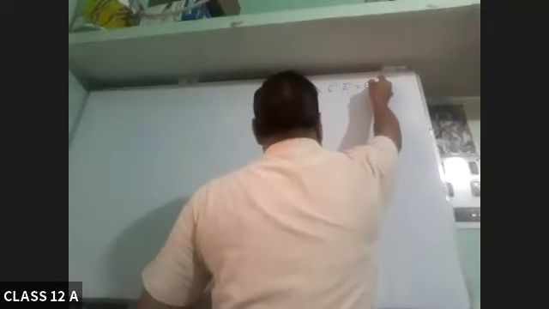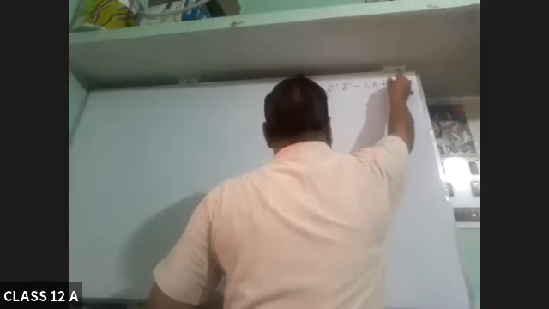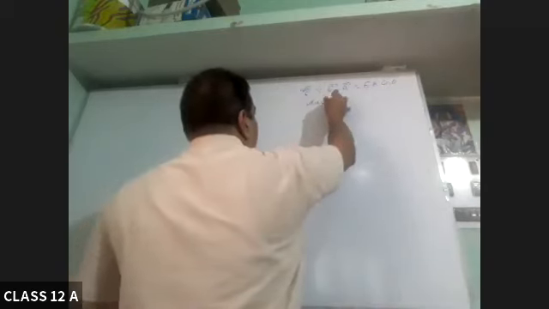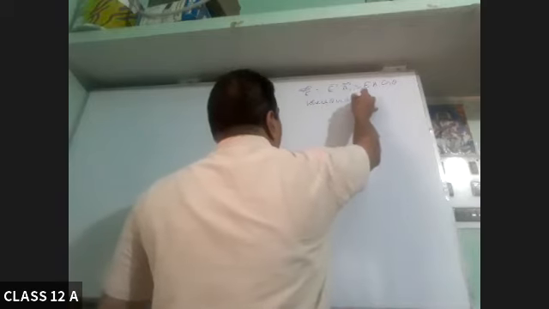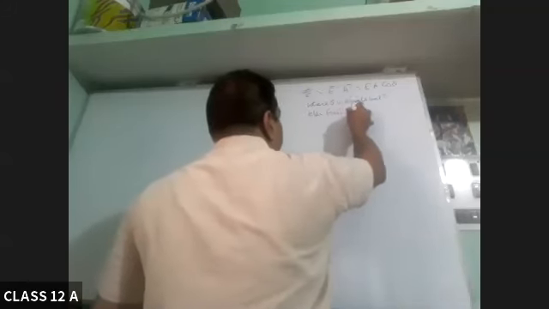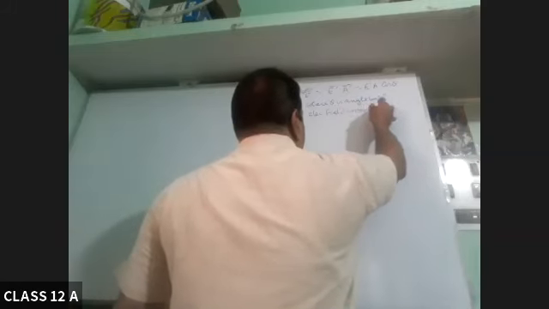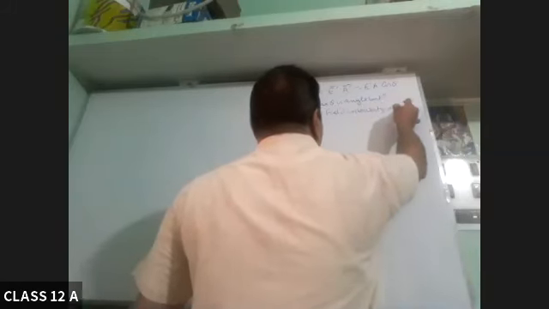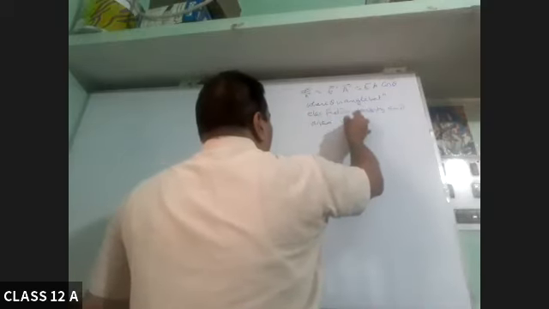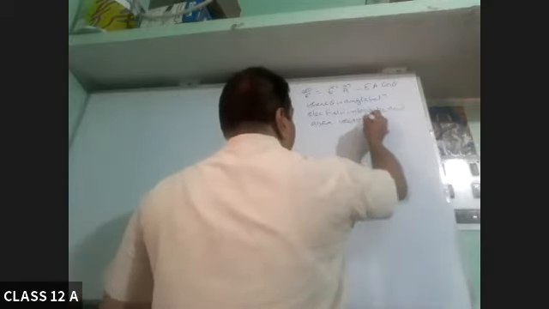It is given by EA cos theta, where theta is the angle between electric field intensity and area vector.